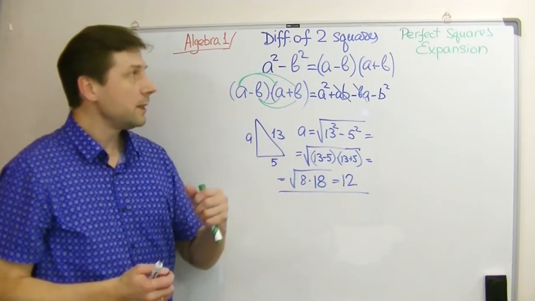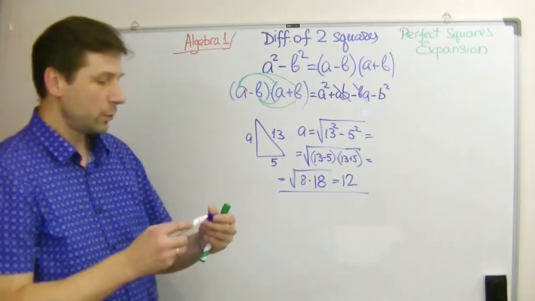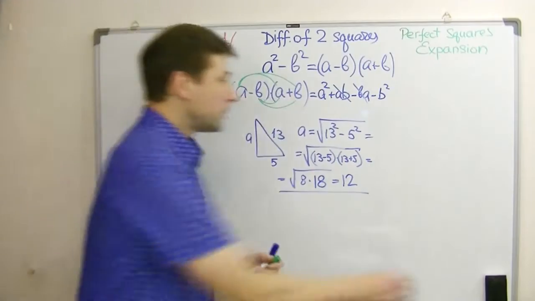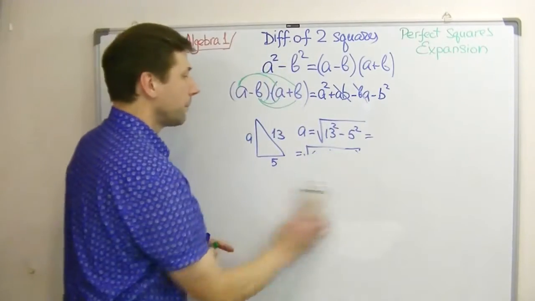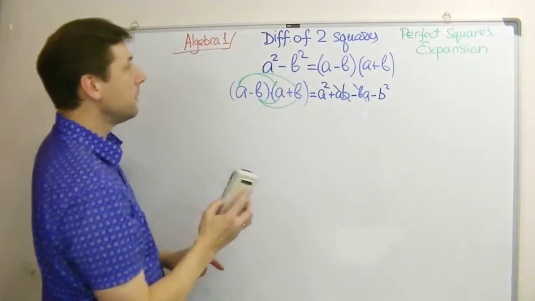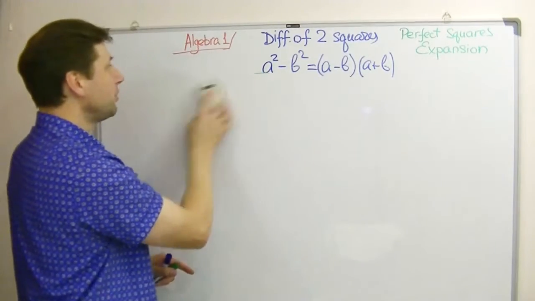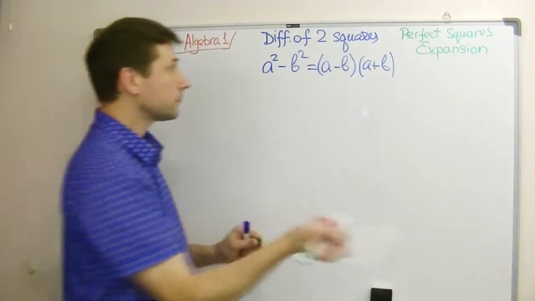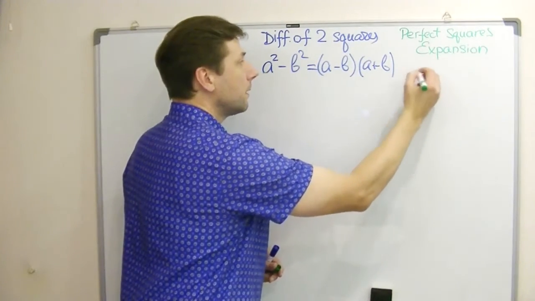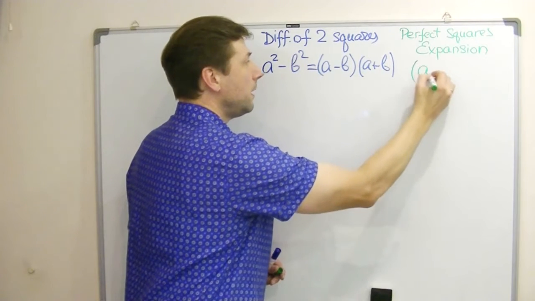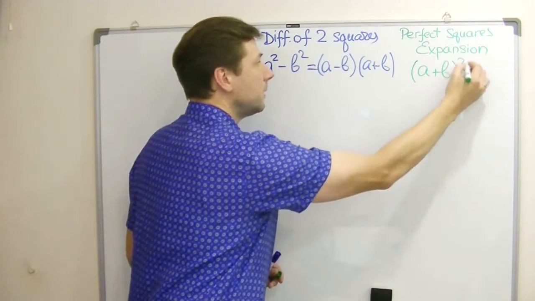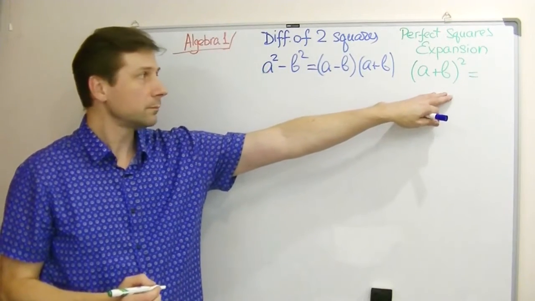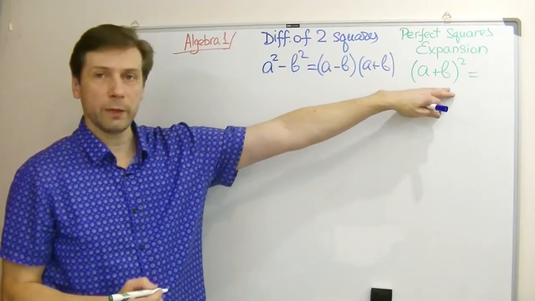Okay, let's see another algebra expansion, which is called perfect squares expansion. For example, okay, let me erase a bit, because there is too much already written on the whiteboard. Let's make some space. If I have a plus b squared, how can we define this expression in another way?